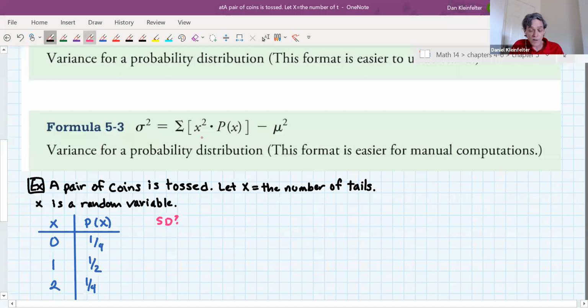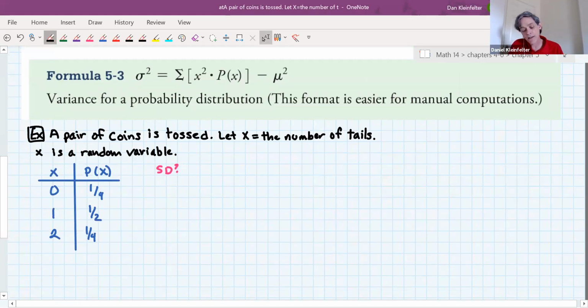And so what you do is you square the random variable, multiply by its probability, you add up all those, and then subtract the mean squared. That one turns out a little easier to work with, so we're going to go ahead and use that one here. So x squared p of x for each of these.